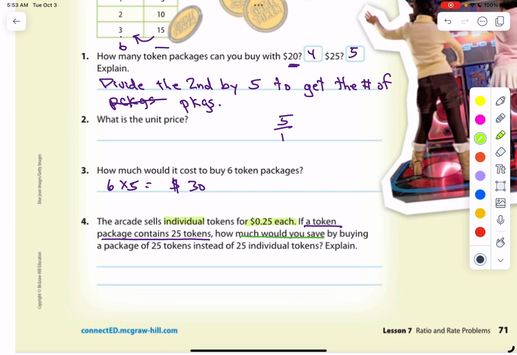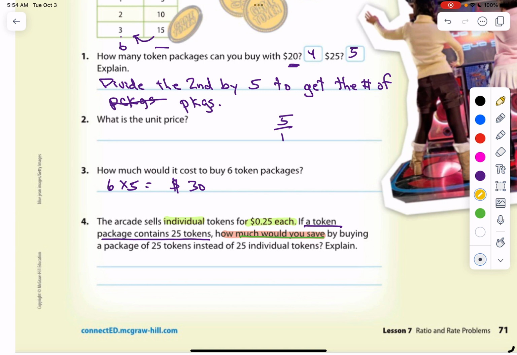This is interesting. How much would you save is the actual question by buying a package of 25 tokens instead of 25 individual tokens. So we need to know how much it would actually cost to buy 25 individual tokens before we can do the math to find the actual answer to this problem.